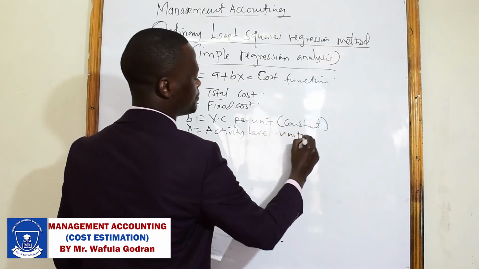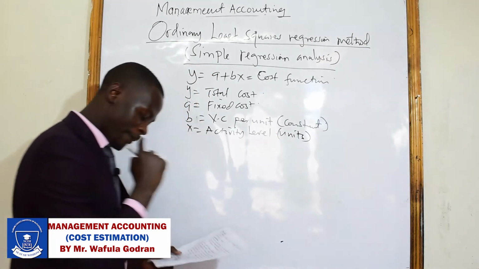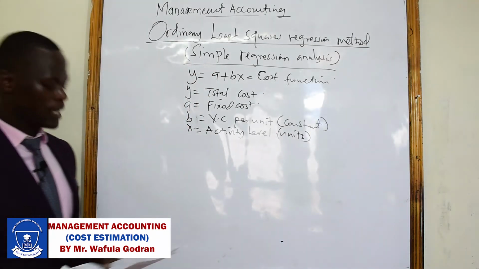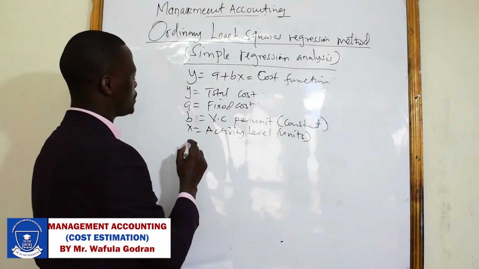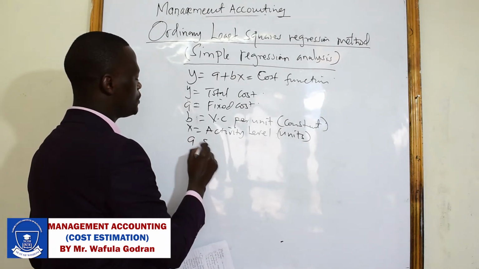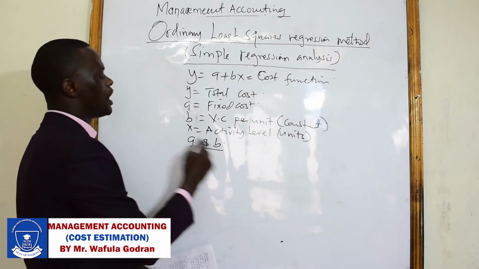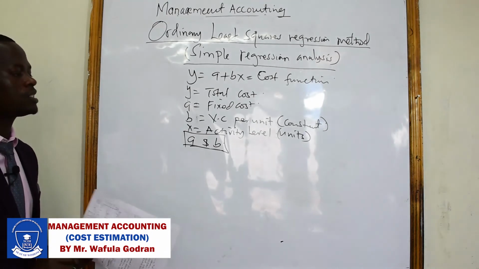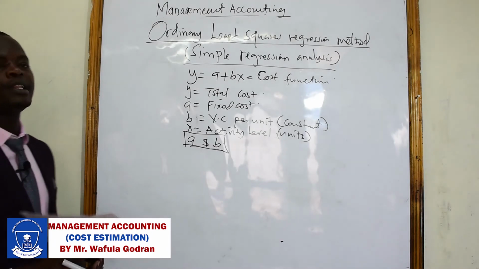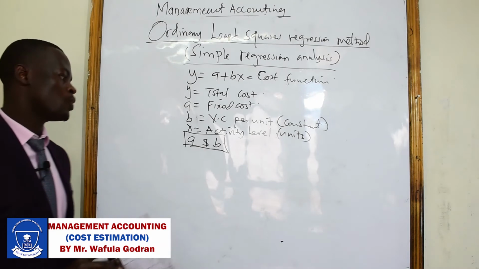What you need to understand under this method is how to arrive at A and B, because these are the constants we have been looking for in other methods that we have used before.